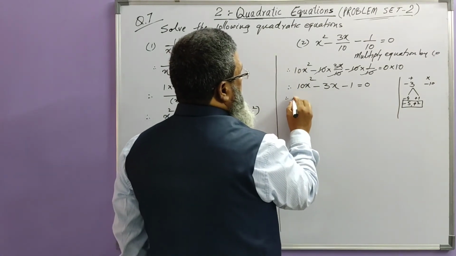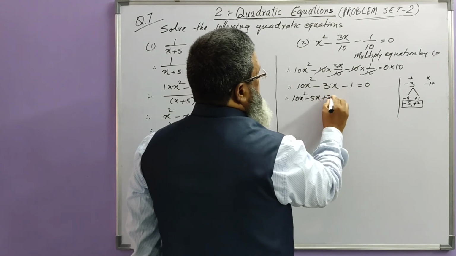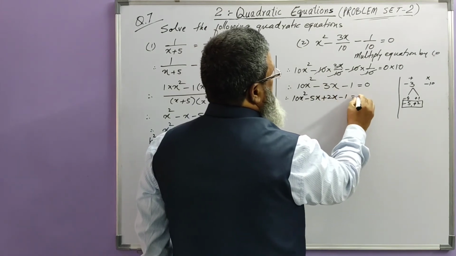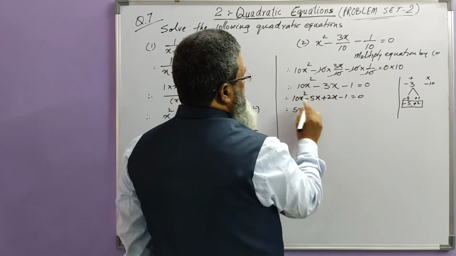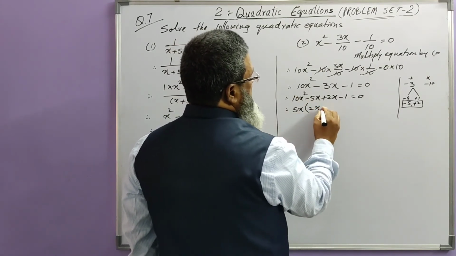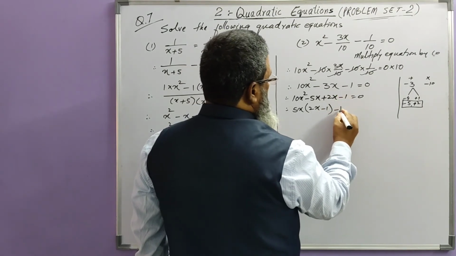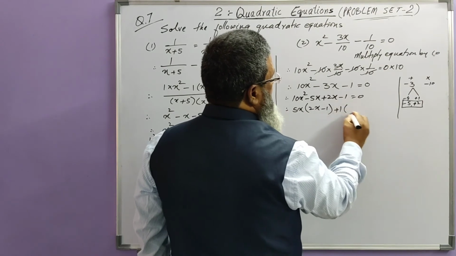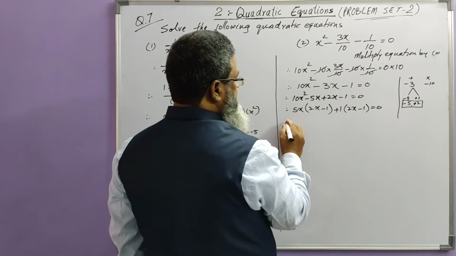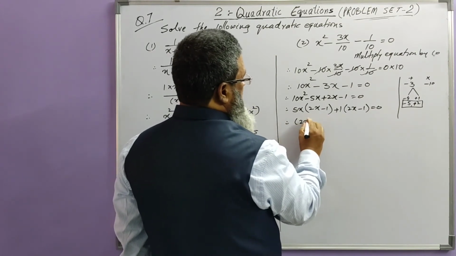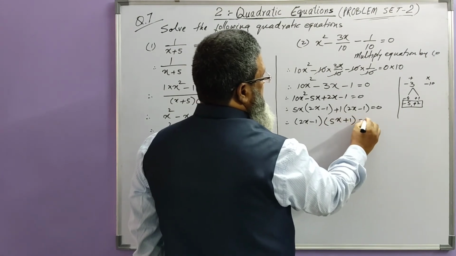So therefore 10x square minus 5x plus 2x minus 1 is equal to 0. Take 5x common. Here you can get 2x minus 1. Here minus 1, plus 1 is common, so you will get 2x minus 1 is equal to 0. So 2x minus 1 common, and you will get 5x plus 1 is equal to 0.